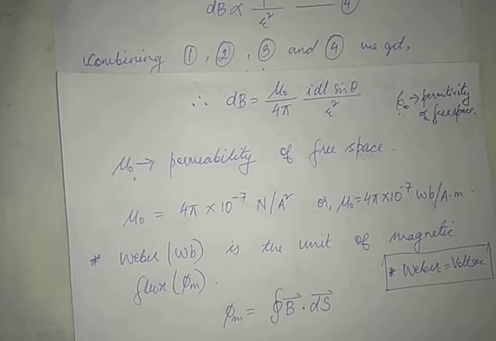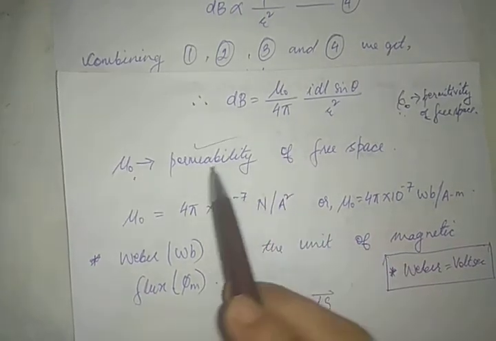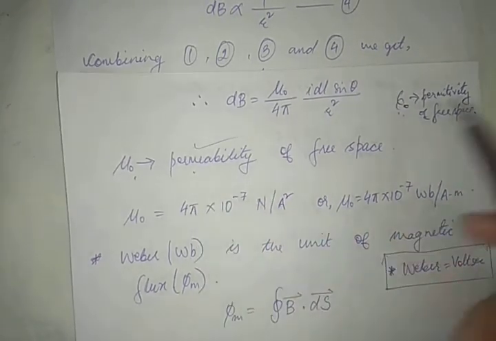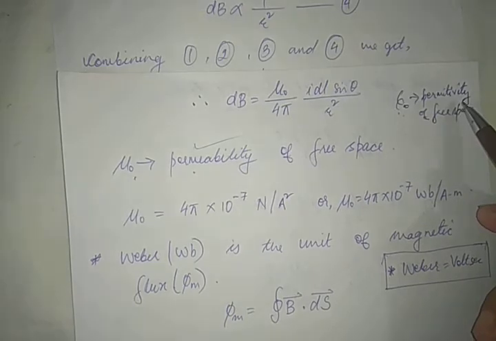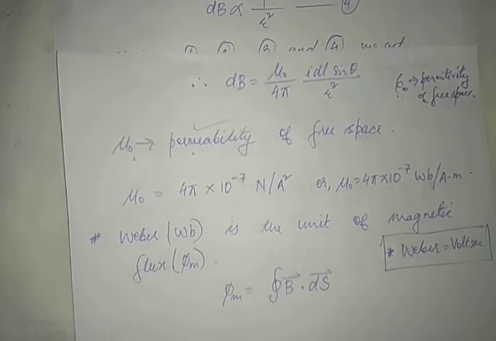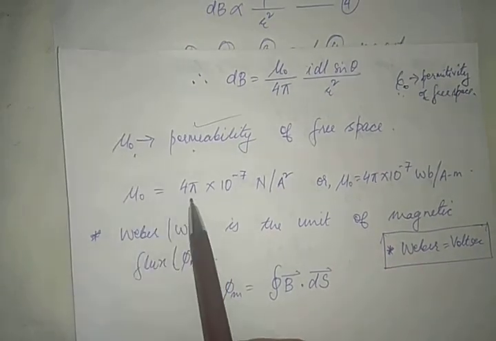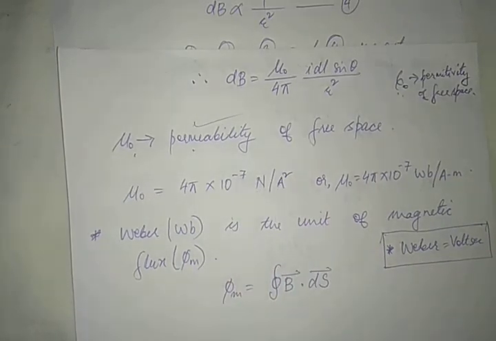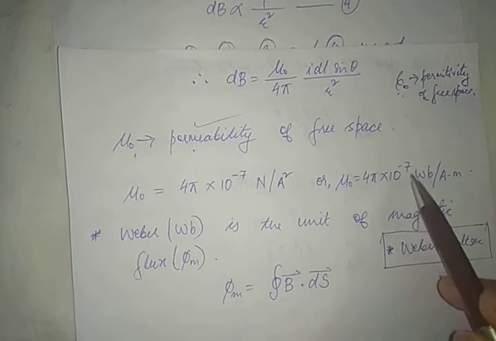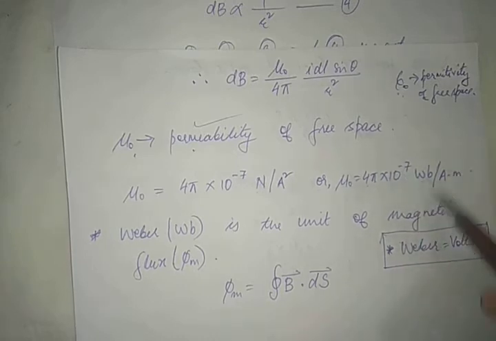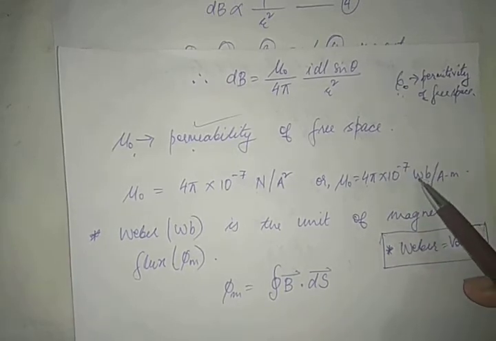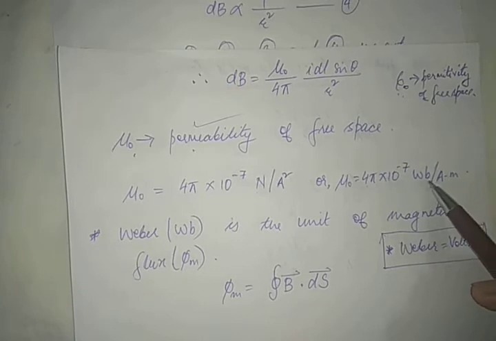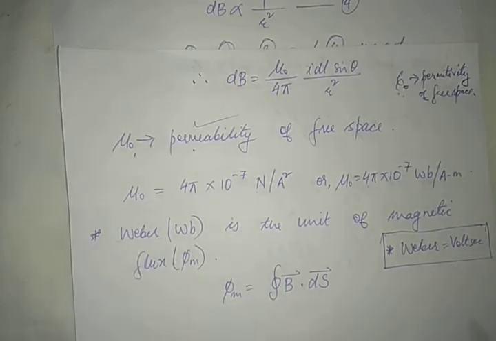Remember that. The value of mu naught is 4 pi into 10 to the power minus 7 Newton per ampere squared, or 4 pi into 10 to the minus 7, same value, Weber per ampere meter. WB, capital W, small b, is called a Weber. Weber is the unit of magnetic flux.